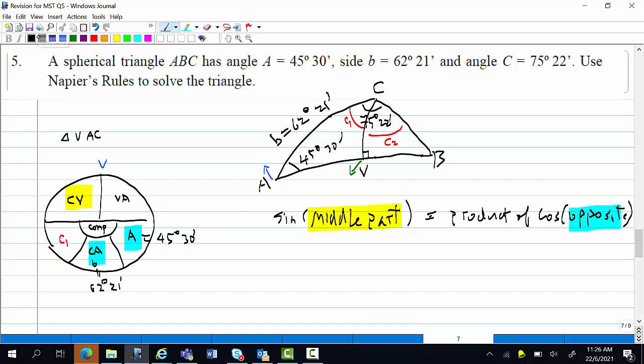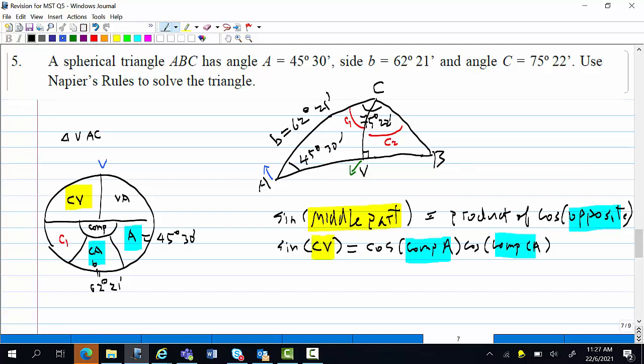So we have sine of CV, which is unknown to us, is equal to the product of the opposites, which is, because A and CA are both on the lower part of the view, cosine of comp A and cosine of comp CA.